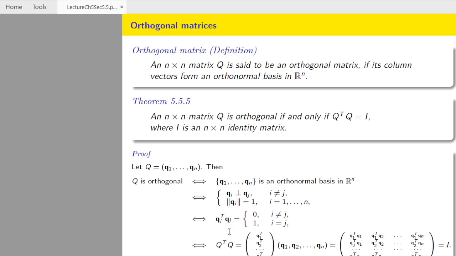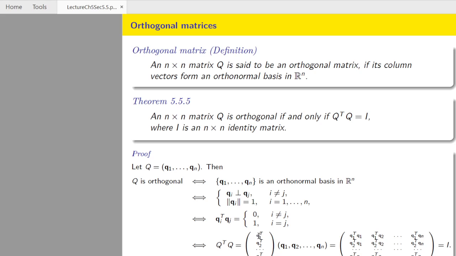Then we can say this is equivalent to calculating the product between the transpose of Q and Q. Recall, we assume Q equals this form, so when we take the transpose of Q, we get this form.